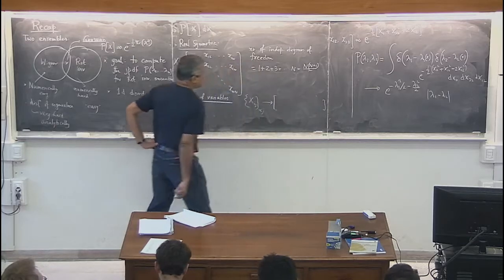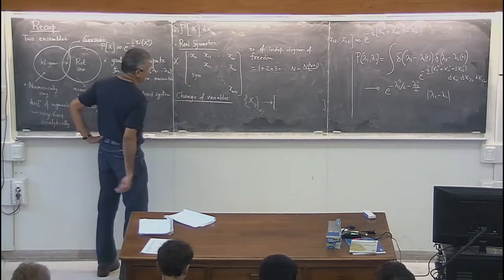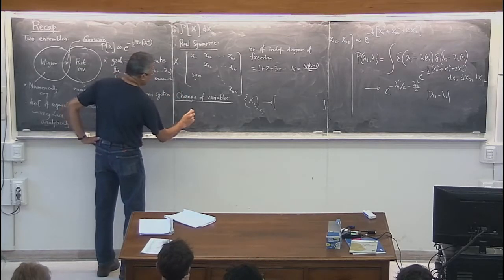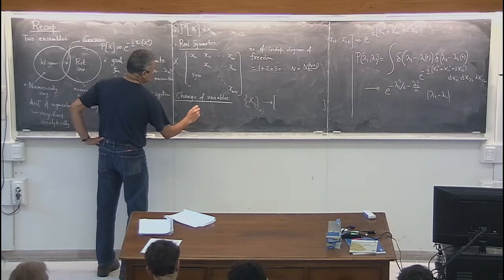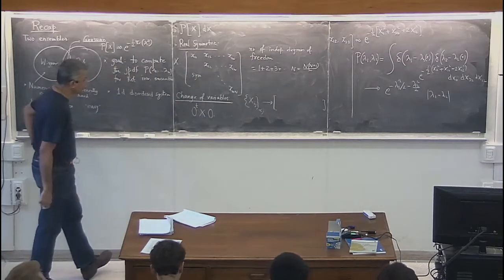What I know is that given a real symmetric matrix, there is always an orthogonal transformation, which I'll call O. If I take O transpose X O, that diagonalizes this matrix, right?